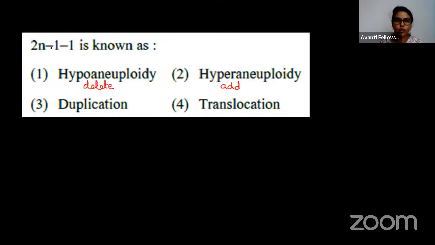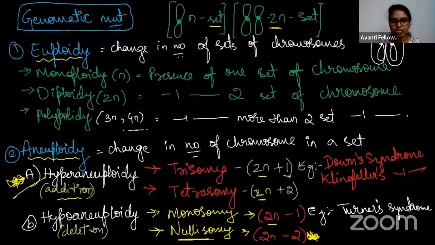Here it is 2n minus, so minus indicates that something is getting deleted. अभी दूसरे भी options हैं, उसको देख के फिर we'll get back to the answer. हालांकि we can say that it is hypoaneuploidy, but still.